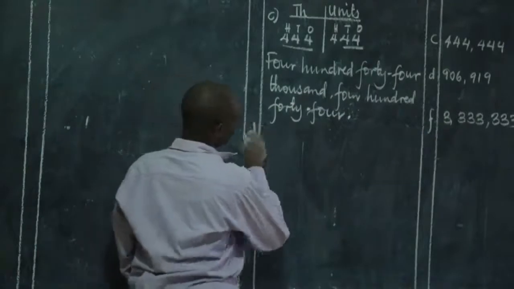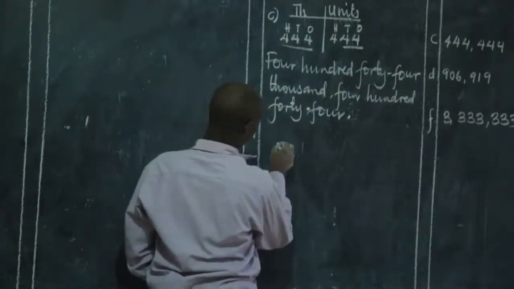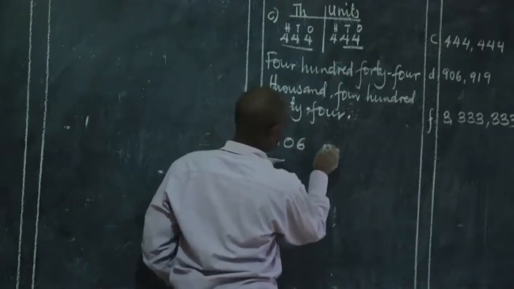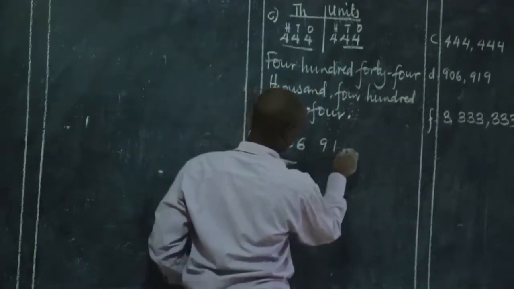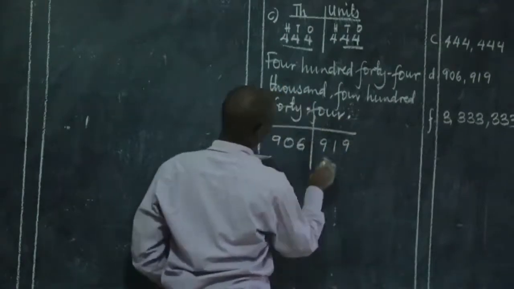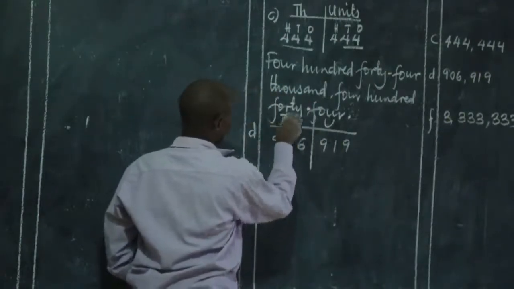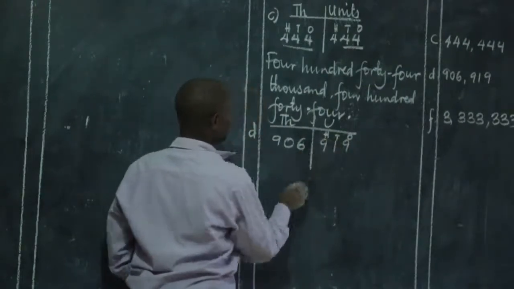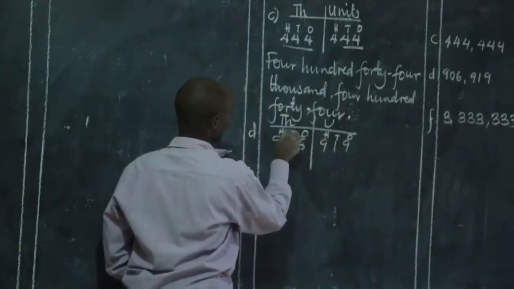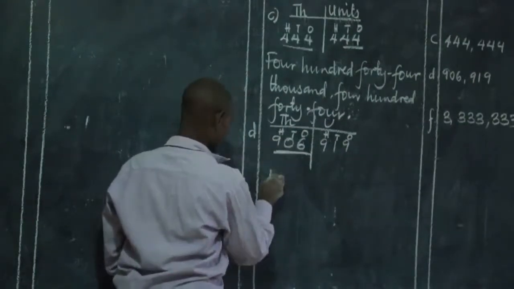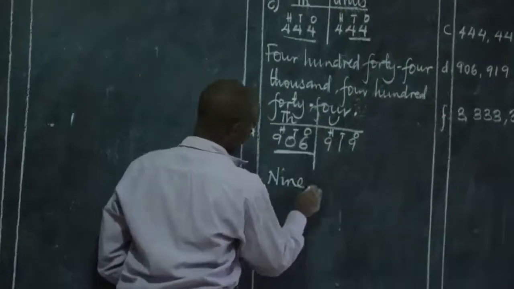Then we have D. We have 9, 0, 6, then 9, 1, 9. So if I draw here, this one will be in units, this one in thousands. This is ones, tens, hundreds, ones, tens, hundreds. So how do we write this one, or how do we read this one? That is 900.